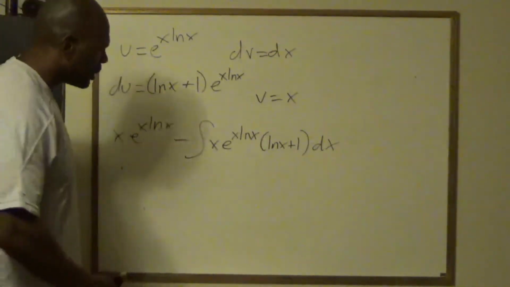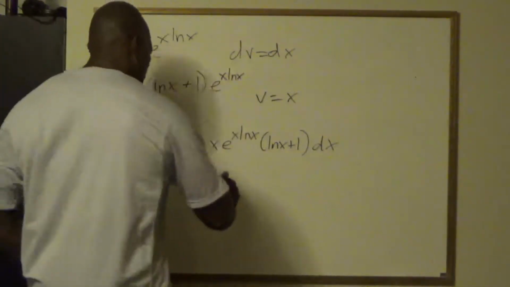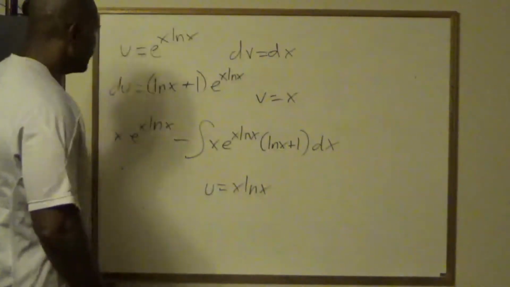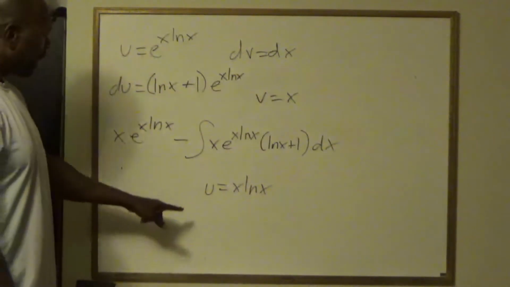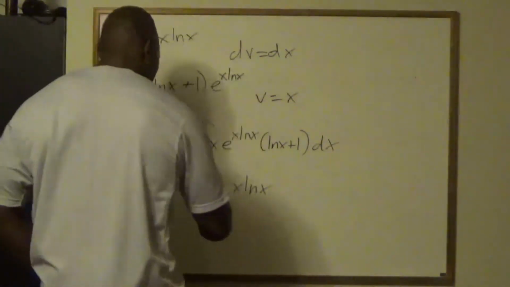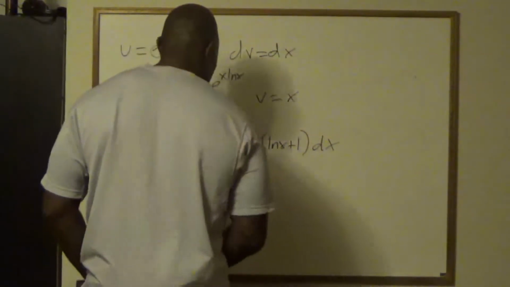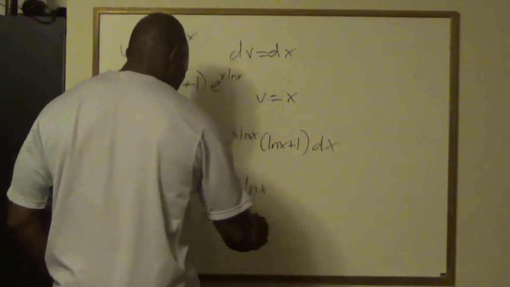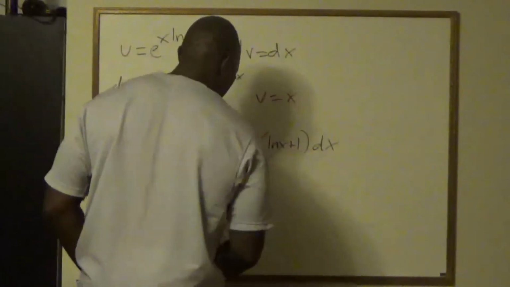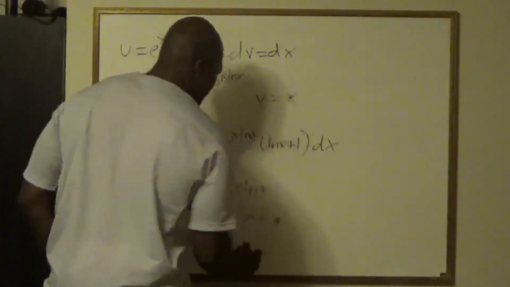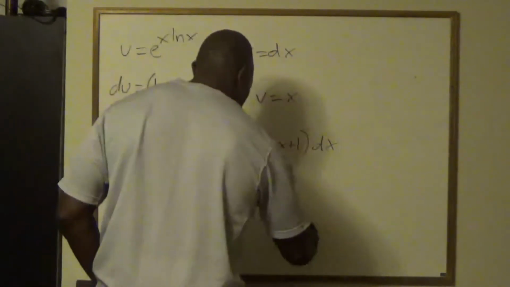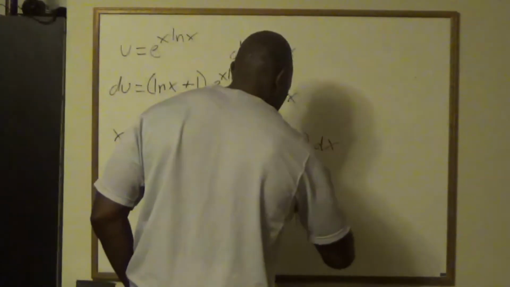So I thought about u substitution, and I thought about making u x ln x. Now again, if u is x ln x, its derivative du would be, again, the derivative of x, which is 1 times ln x, plus x times the derivative of ln x, so that's x times 1 over x, which is 1, dx.